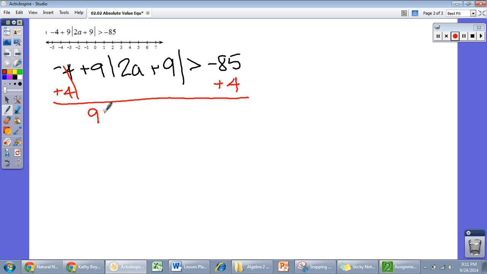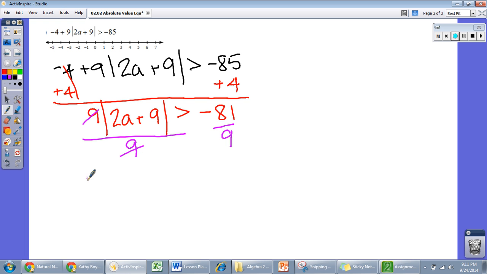We get a positive 9 times the absolute value of 2a plus 9 is greater than negative 81. At this point, we're going to isolate the absolute value by dividing both sides by 9, and we get the absolute value of 2a plus 9 is greater than negative 9.